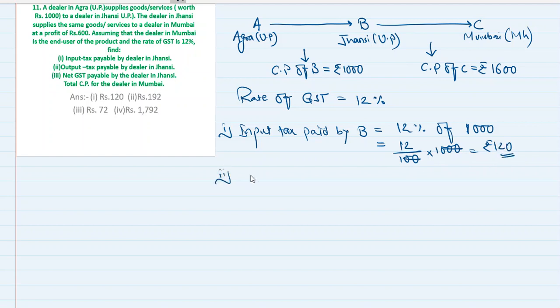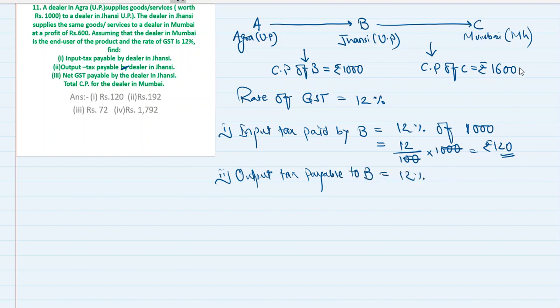Second, we have to find output tax payable to the dealer in Jhansi, not by. Output tax or tax collected payable to B is equal to 12%.